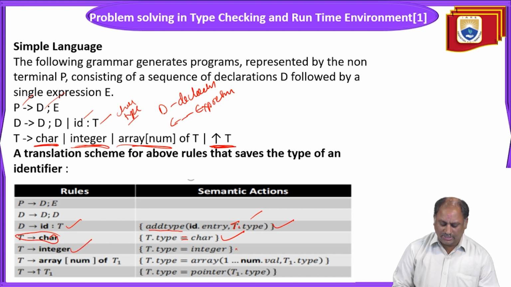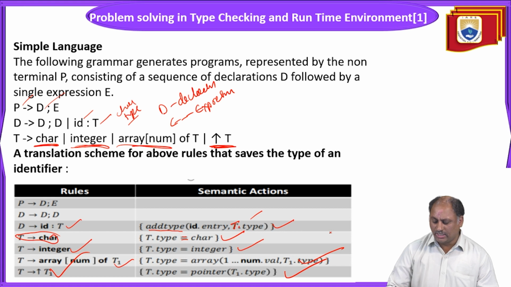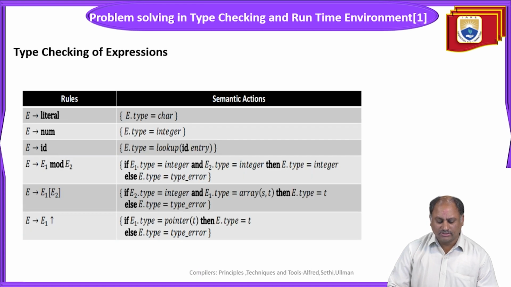Integer, T dot type equal to integer; array type, T dot type array type; pointer type, that is arrow, here also T dot type equal to pointer type. So based on these actions it verifies. What is the semantic action that belongs to an expression? This is a question that we can pose.